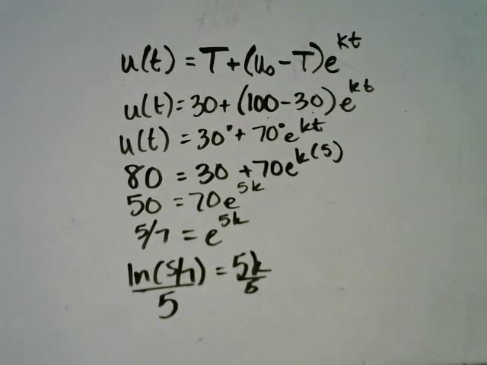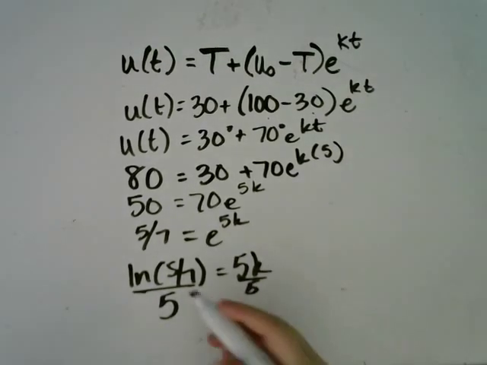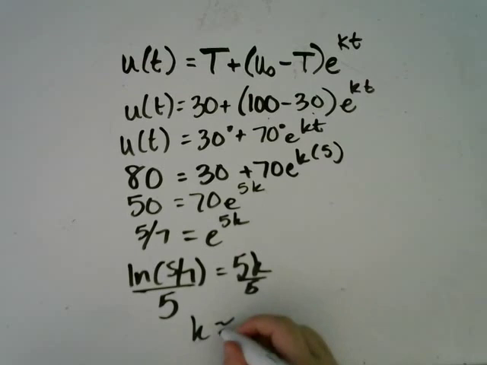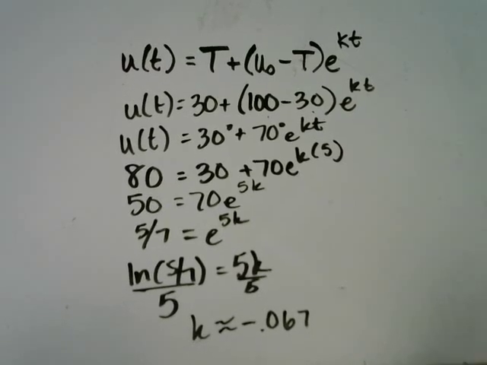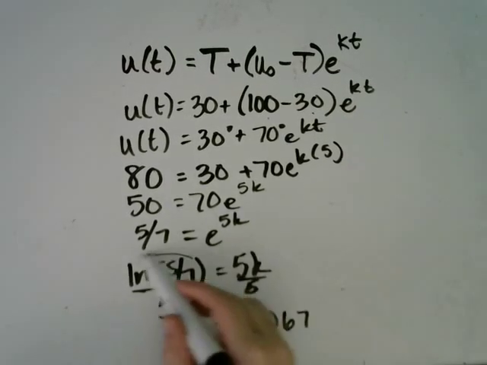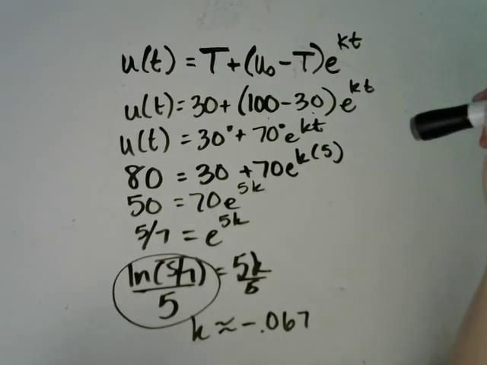So our approximate answer, and I just like to see the rate for myself, is that the decay rate is negative 0.067, or about 6.7% loss. I'm going to use the exact rate when I plug it back into my equation to finish solving the problem.